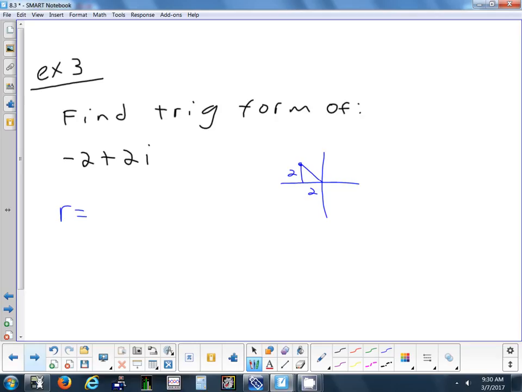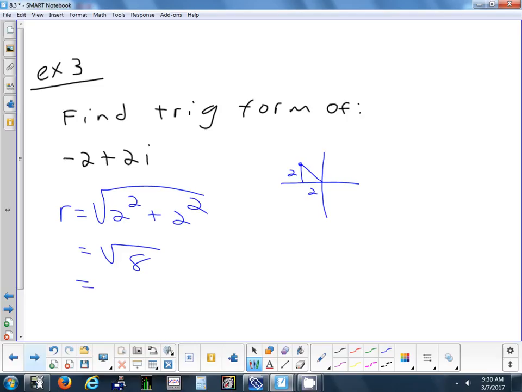So how would I find r? 2 squared plus 2 squared under square root. Add them up, take the square root. So that's going to be the square root of 8. And this is one of those roots that you can reduce, like the square root of 20.